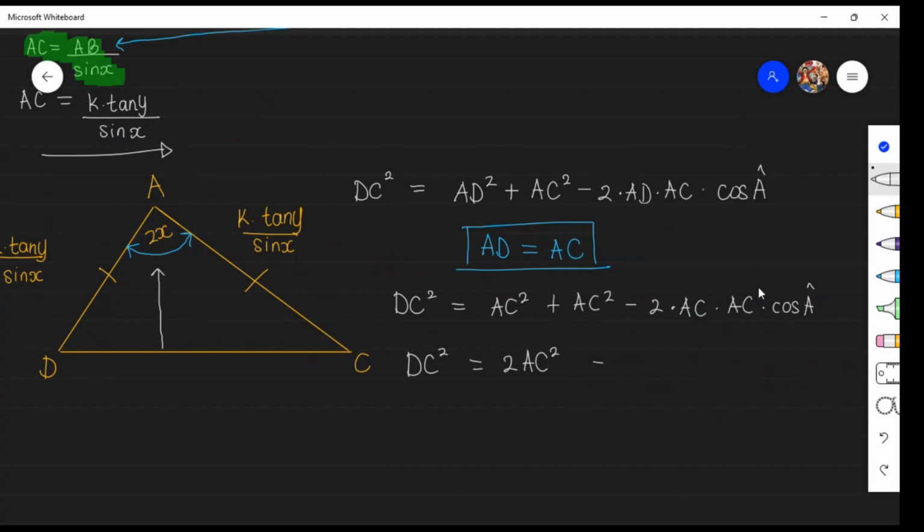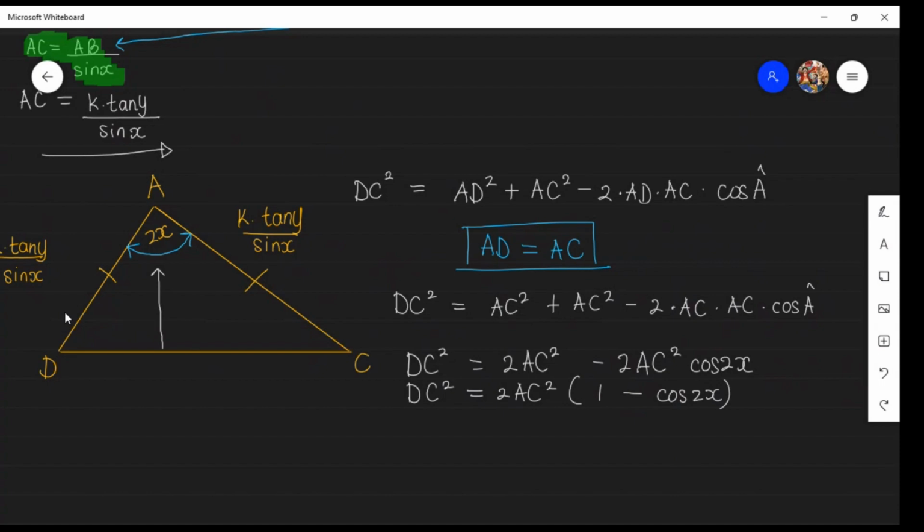Minus, now we have AC times AC, so that is going to give us AC squared, cos of 2x. So I'm going to substitute the 2x only. Now from here, you notice that you have a common factor, which is 2AC squared. So let us factor that out. And we'll be left with 1 minus cos 2x.